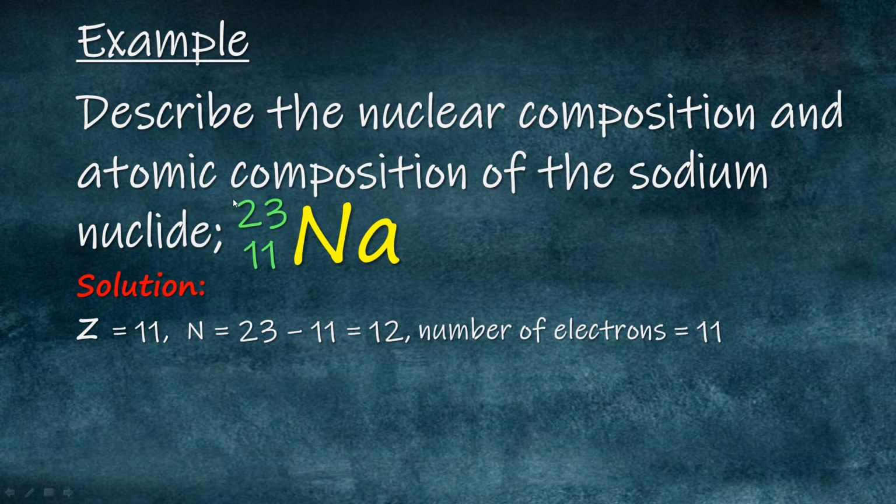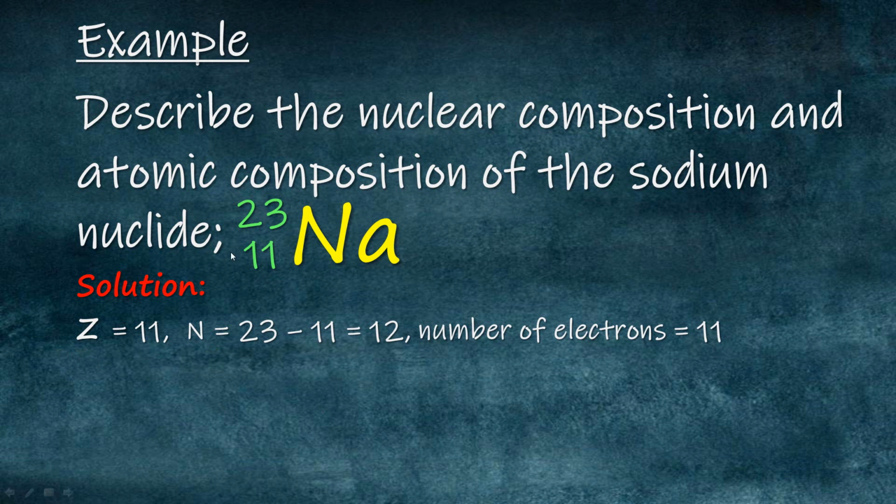Just get the number up here, which is the atomic mass, minus the atomic number. So atomic mass minus atomic number gives you the number of neutrons. So the number of neutrons is 12, and the number of electrons will be 11. Why? In an electrically neutral atom, the number of protons should always be equal to the number of electrons.